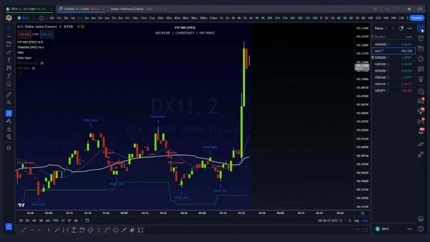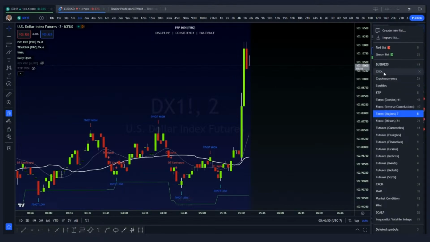All right, so we're getting some movement here. Let's go back to the other one. Let's go to the CFD.